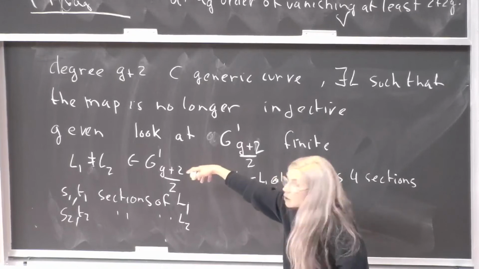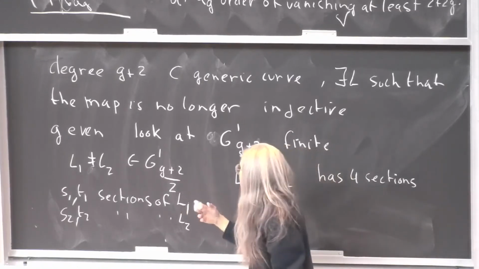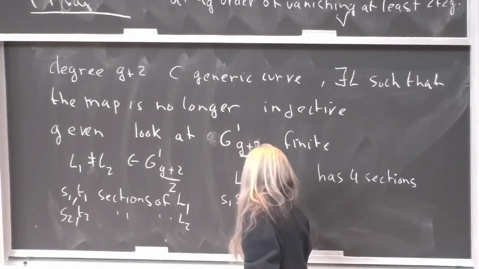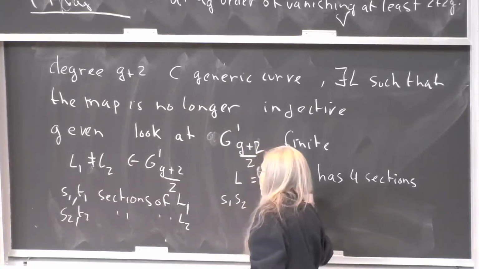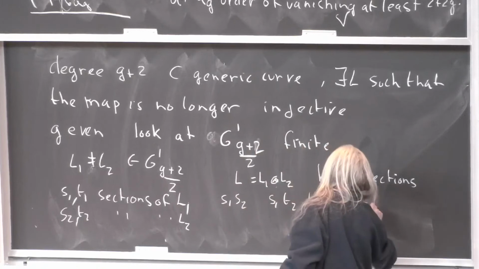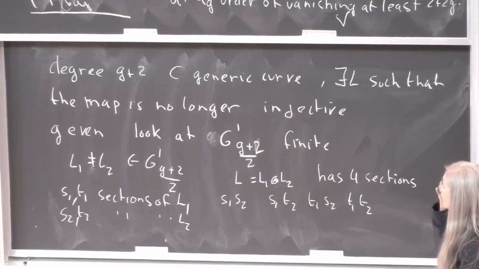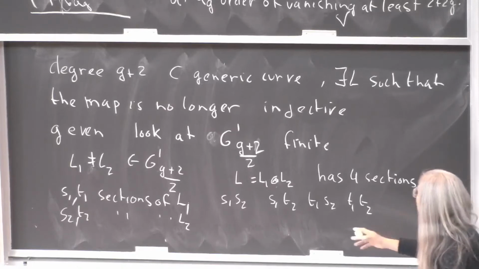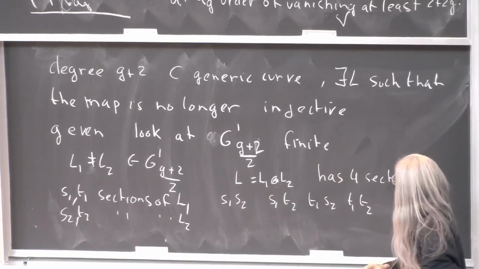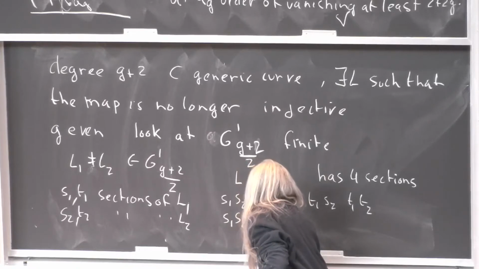If I multiply a section of L1 with a section of L2, I am going to get a section of L. And I can do this in 4 different ways: s1 s2, s1 t2, t1 s2, and t1 t2. Now what I want is something in Sym^2 of H^0 of L. So I have to take symmetric powers of these things, which I can do easily. For example, I can take s1 s2 tensor t1 t2.